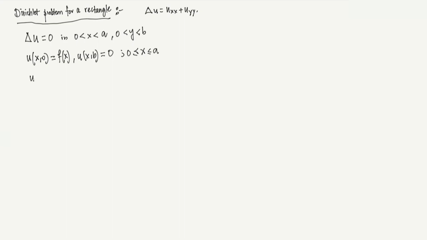And u of (0,y) is going to be 0, and u of (a,y) is going to be 0, for y less than or equal to b. I will explain what all of these conditions mean, and why we are taking this sort of boundary condition and why not something else.